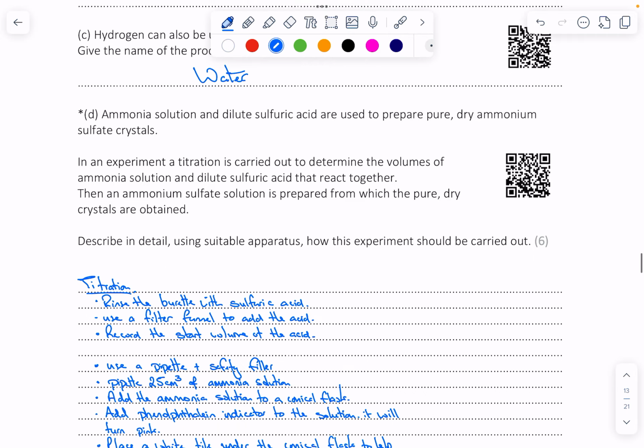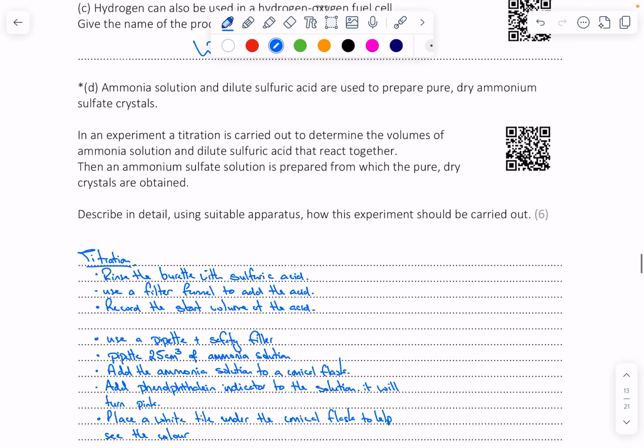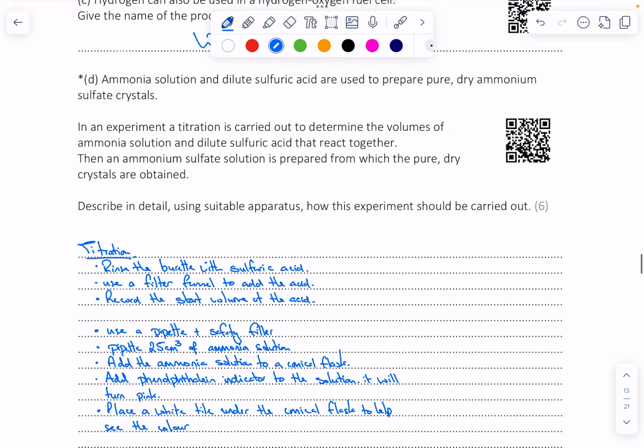Okay, this next one is a 6 marker, so it's a longer answer, and you can see here they're asking you how to prepare a dry, pure sample of ammonium sulfate crystals. And it tells you that they have to do a titration, so we're going to talk about titration in a moment. And then we have to prepare the salt and make it pure and make it dry.